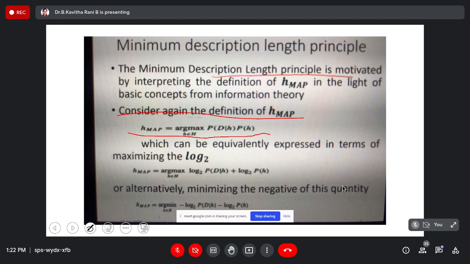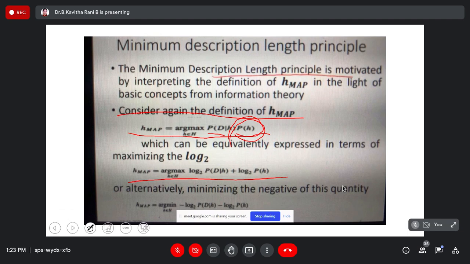So what we are doing among all the hypotheses in hypothesis space H, our objective is to maximize the probability of data given h, that is multiplied with the prior probability of the hypothesis, that is P of h. Okay, so now simply we are applying log here.